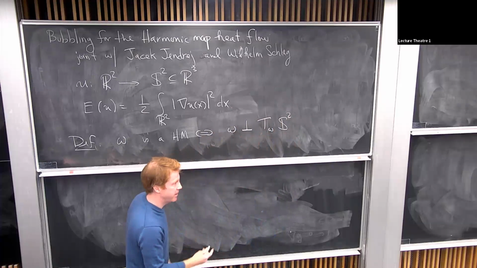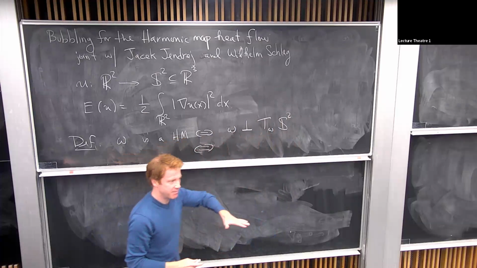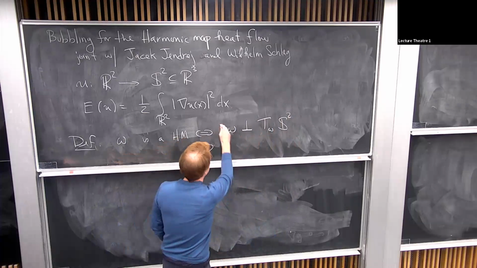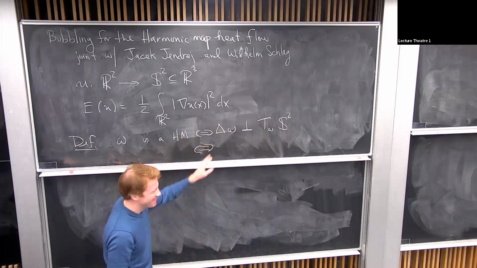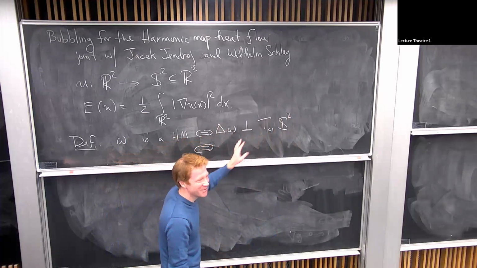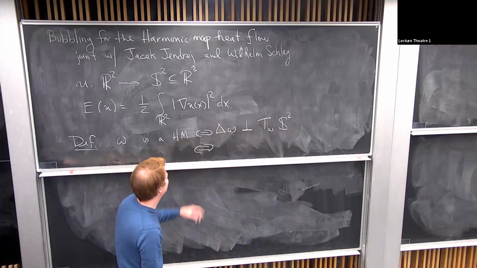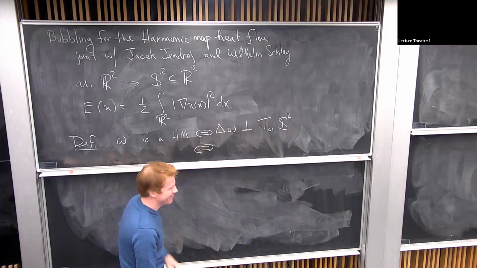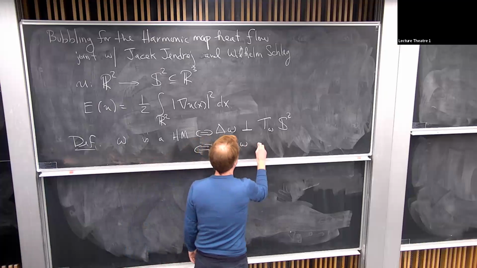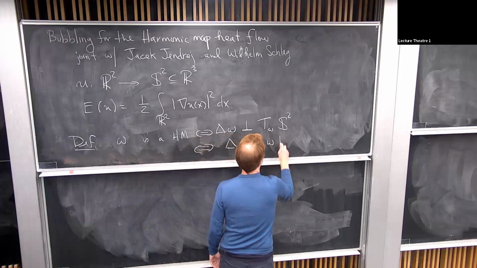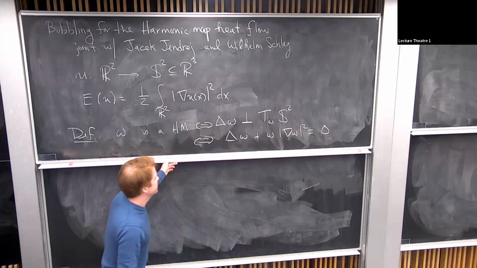This doesn't look like a PDE, but what this says is that if you project onto the tangent space, you should get zero. The Laplacian of omega is perpendicular to the tangent space, and if you project onto the tangent space, you get the harmonic map equation: Laplacian omega plus omega times |grad omega| squared is equal to 0.